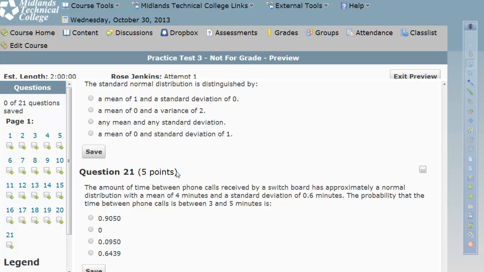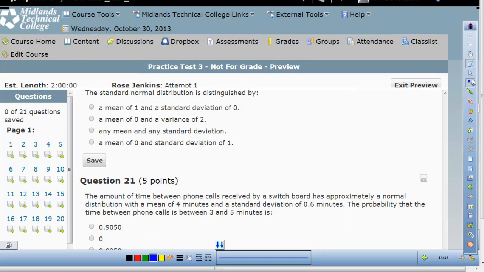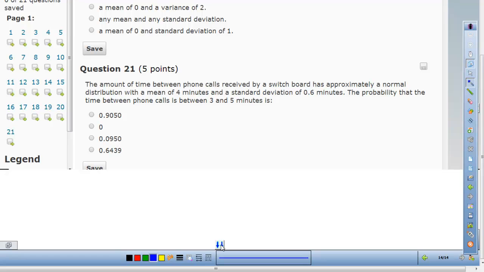In this case, we're not looking at means, we're looking at individual calls. So I would just look at the probability that 3 is less than x is less than 5.